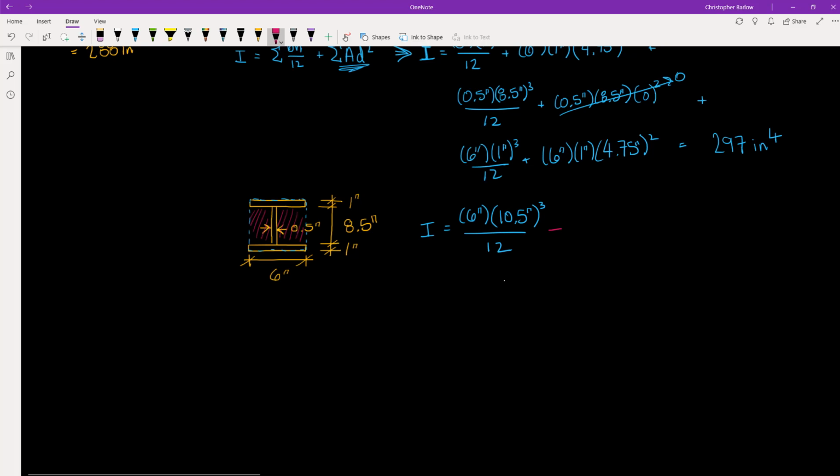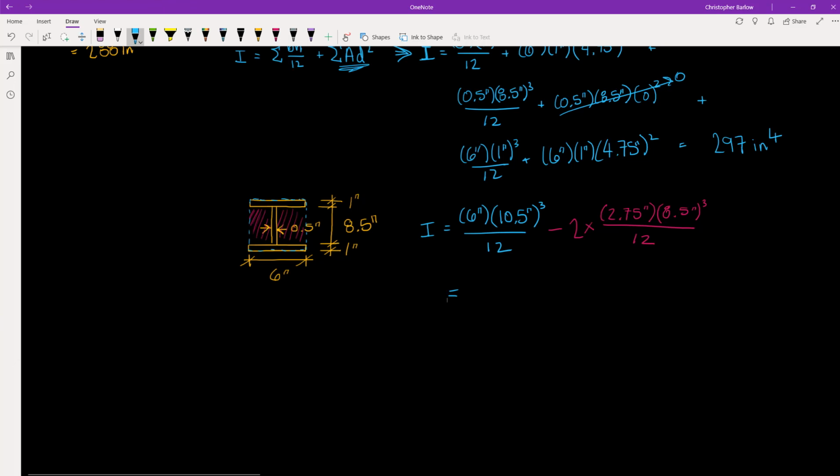minus these two rectangles on either side are going to be the same, so minus 2 times the width of one of these rectangles, which will be 2.75 inches, times the height of one of those rectangles, 8.5 inches cubed over 12.